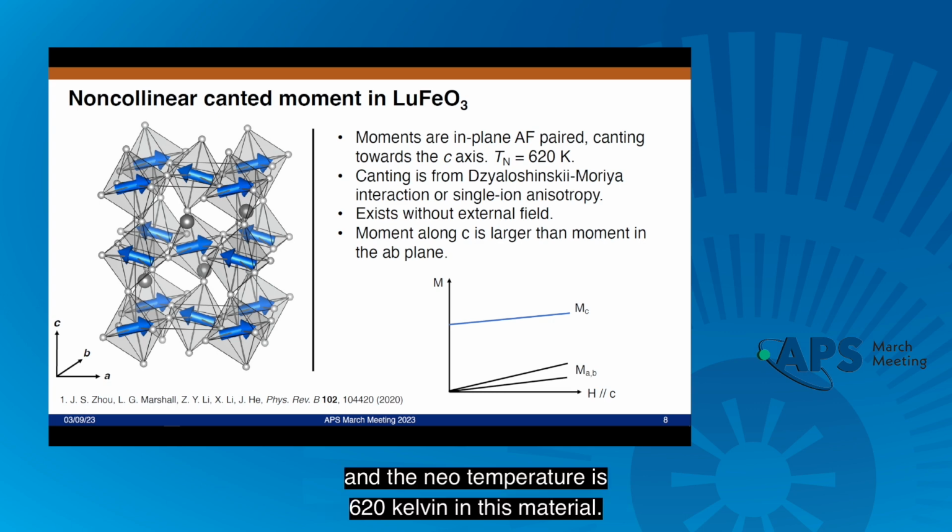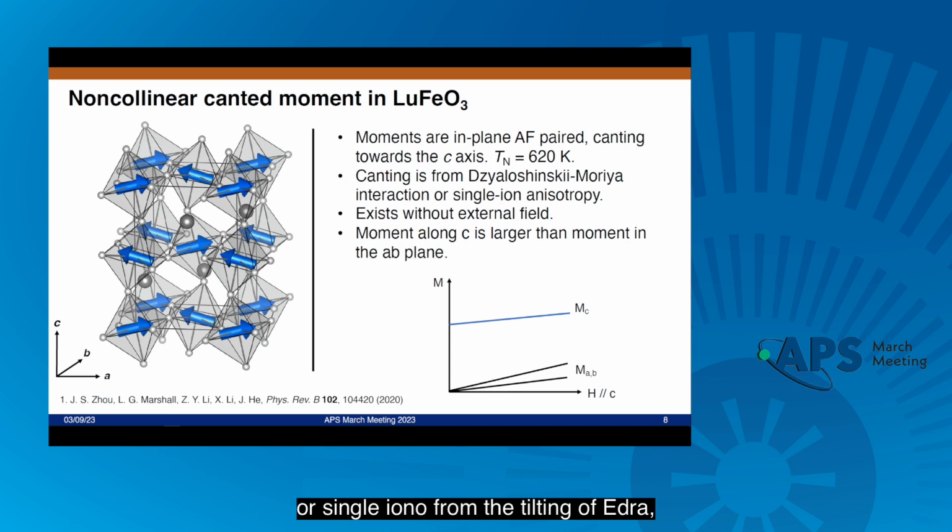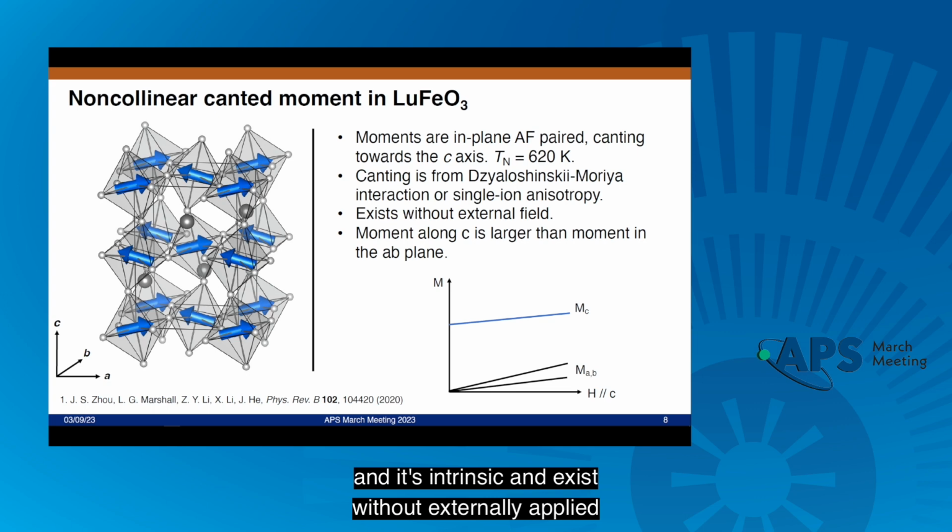And the Néel temperature is 620 Kelvin in this material. And this canting is from the Dzyaloshinskii-Moriya interaction, or single ion anisotropy from the tilting of the octahedra.